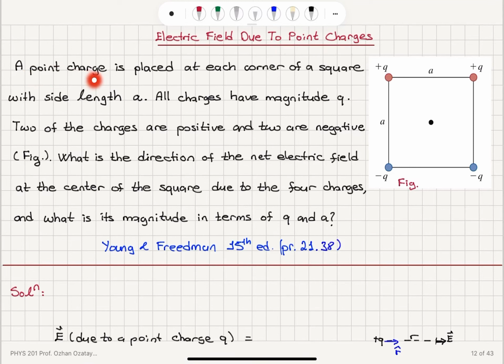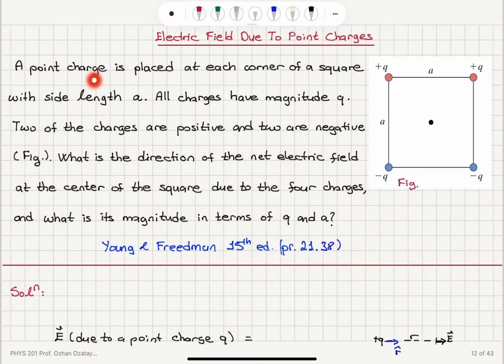So this is going to give me Coulomb's constant, 1 over 4 pi epsilon 0. The charge is Q. The distance is a square root 2 over 2. So we're going to take the square of a square root 2 divided by 2.